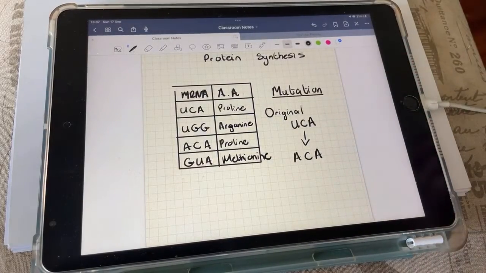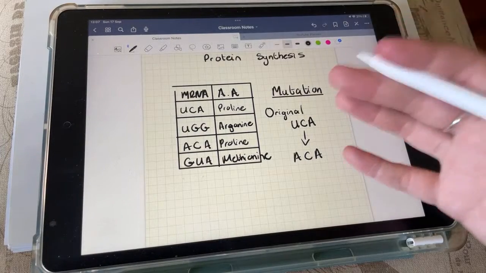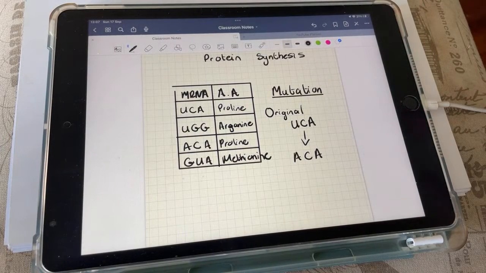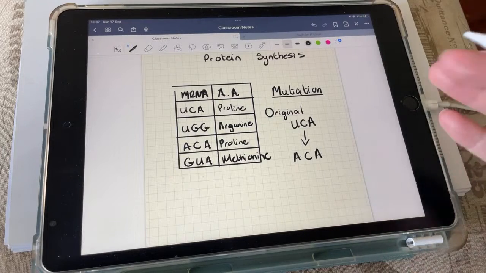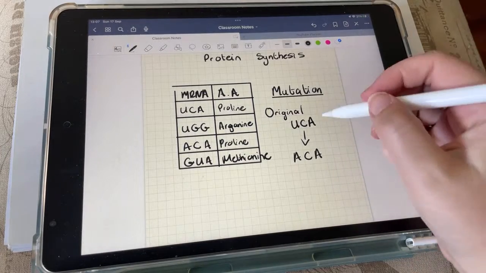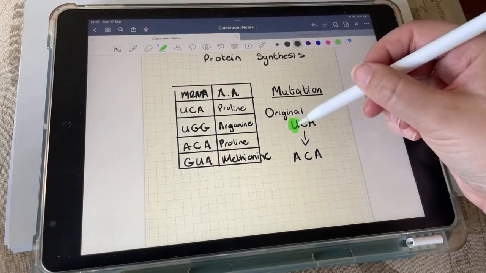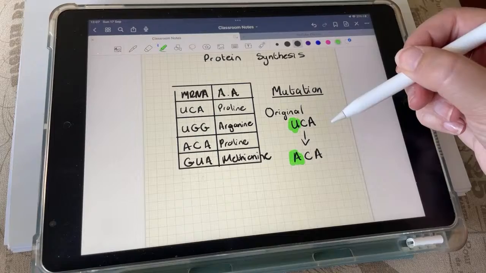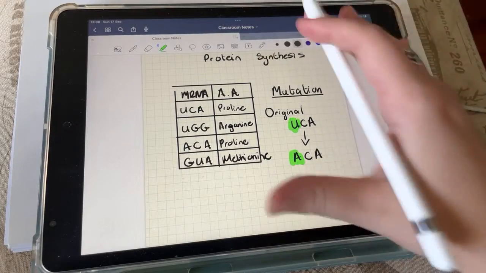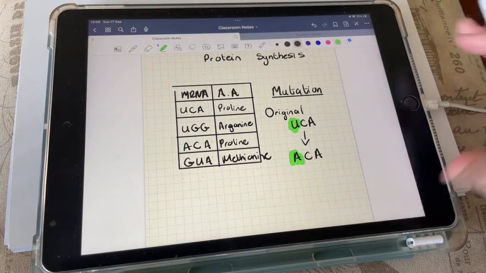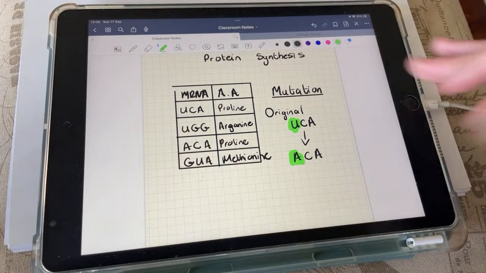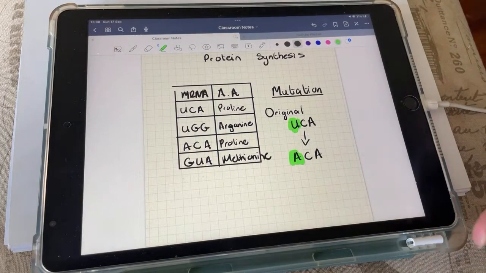And the question says, what is the outcome? Now, when you're in an exam and you're nervous and stressed and working really hard, you go, oh, well, the letters have changed, right? This letter is now this letter. So clearly there must be a different amino acid. Therefore, it's a different protein and so on, mutation.